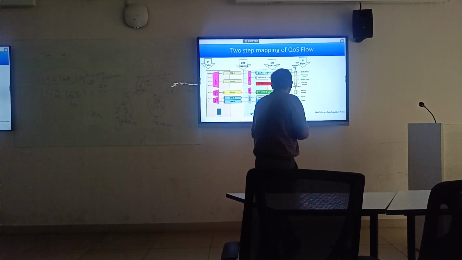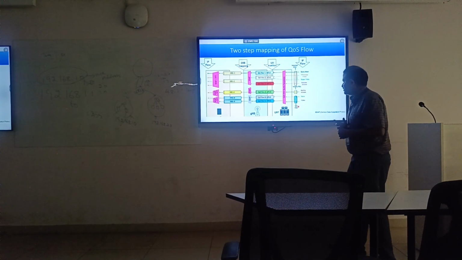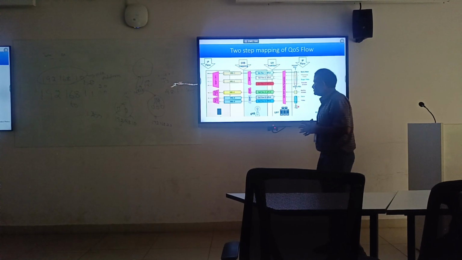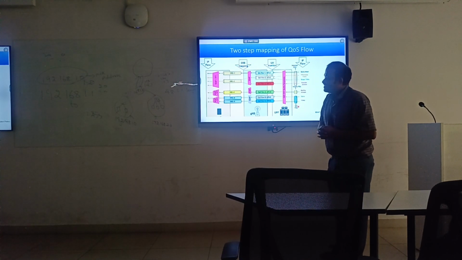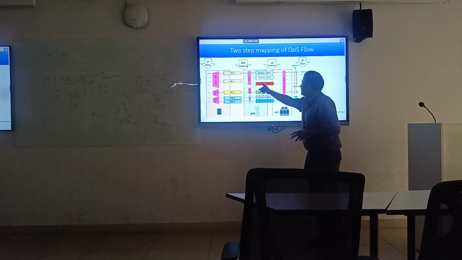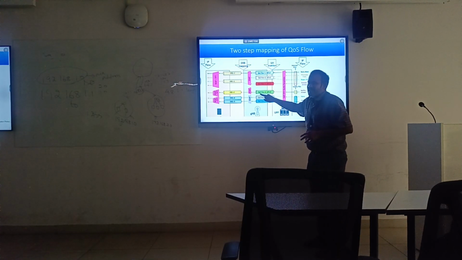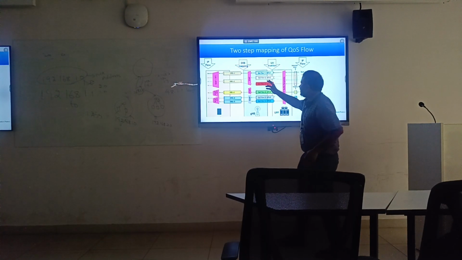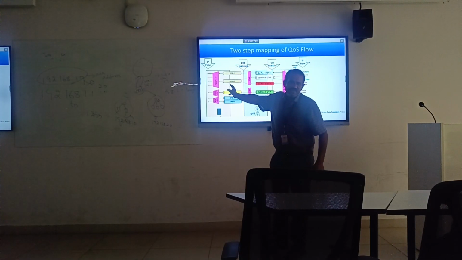What is the function of the SDAP protocol? It will check all the QoS flows and tell which come under GBR and which come under non-GBR. Based on that, they will be given to the data bearer.